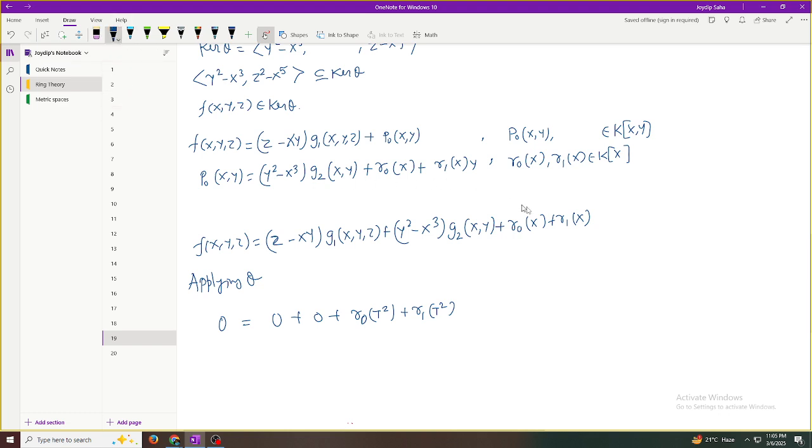You have r0, g1, r1, y, right? Y here. So I can write y. Y means t cube, right?